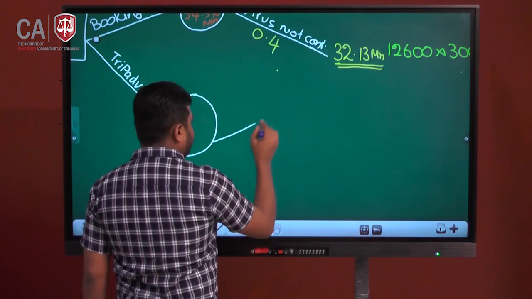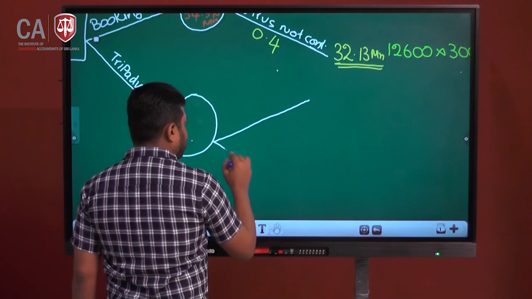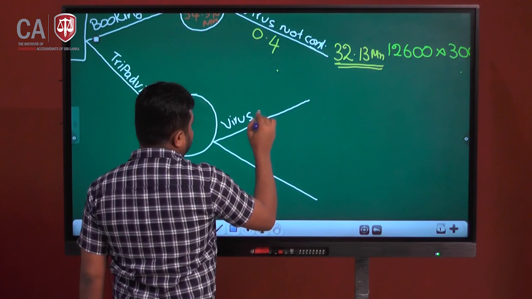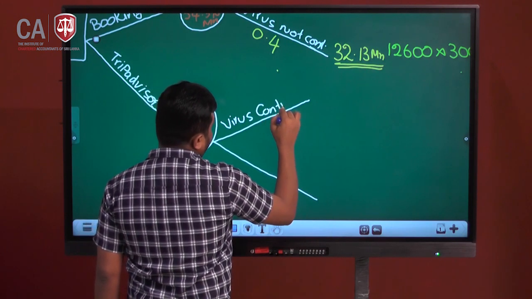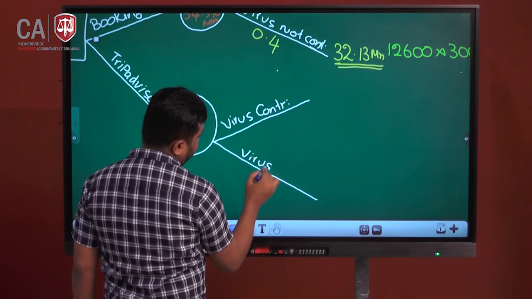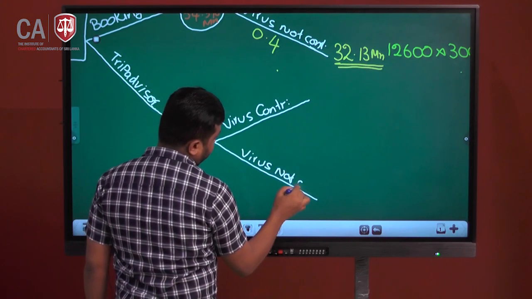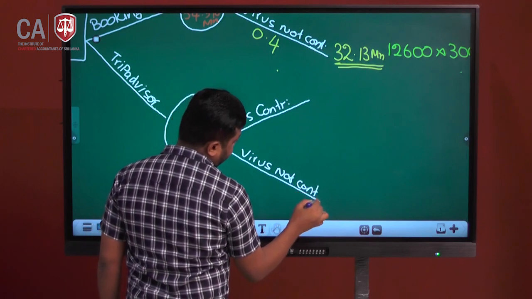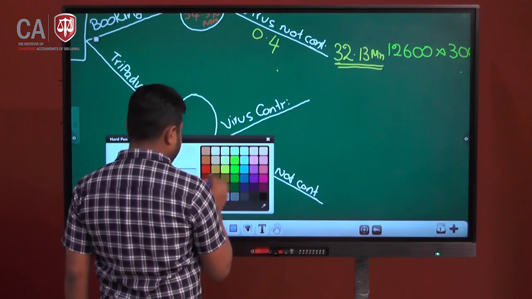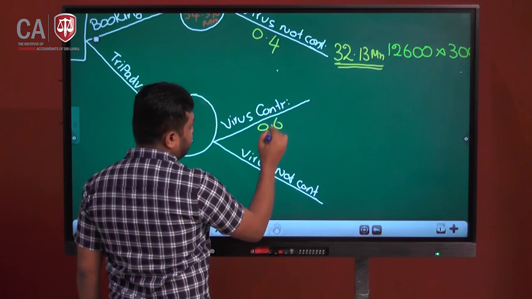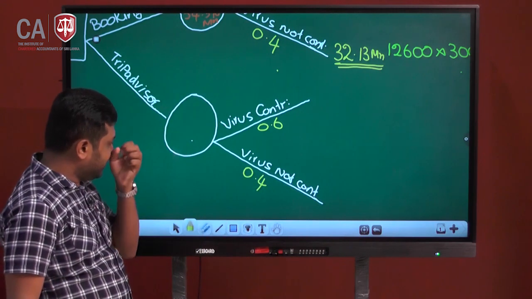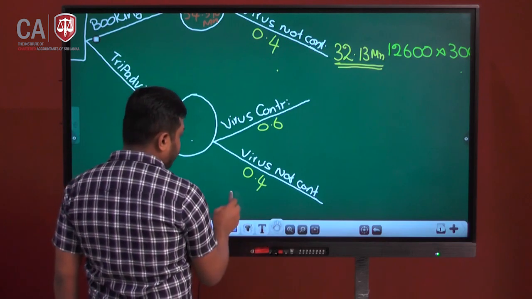There are two scenarios, virus controlled and virus not controlled. Controllability of the virus is given as 60%, 0.6, not controlled 0.4.